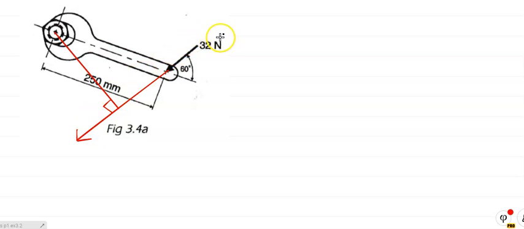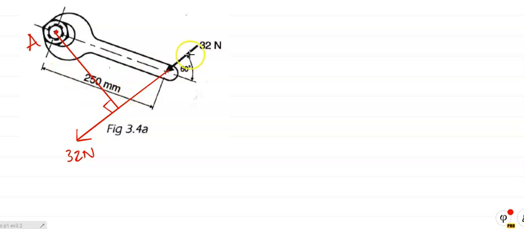I'm just extending that force, even though it's acting up there. It's still acting over there, so that's my 32 newtons. There's my point of rotation, A, B, or whatever. I'm just calling it A.